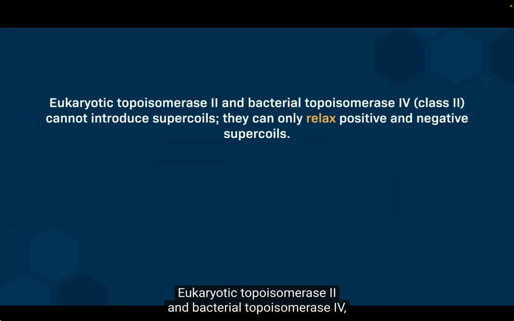Eukaryotic topoisomerase II and bacterial topoisomerase IV, unlike gyrase, cannot introduce supercoils. They can only relax both positive and negative supercoils.